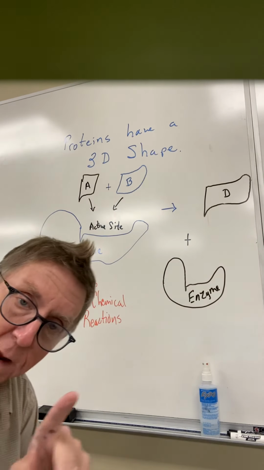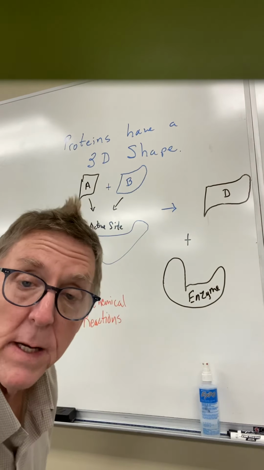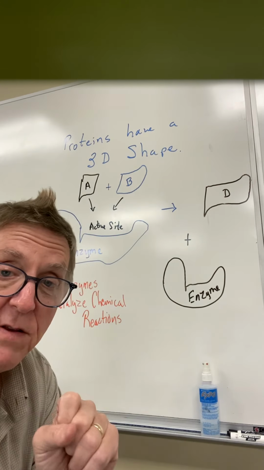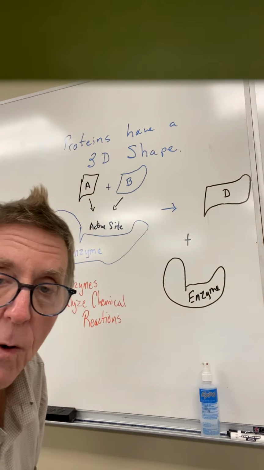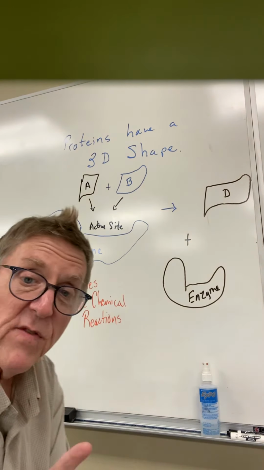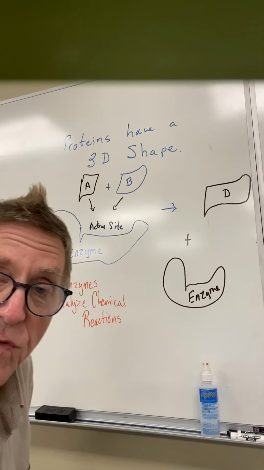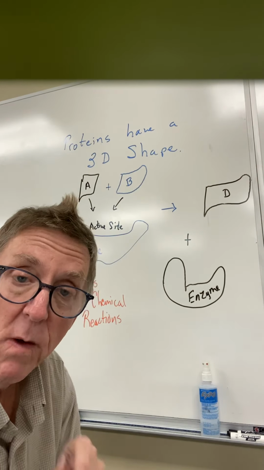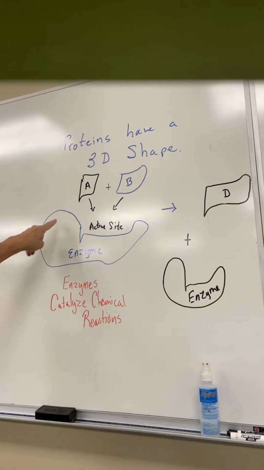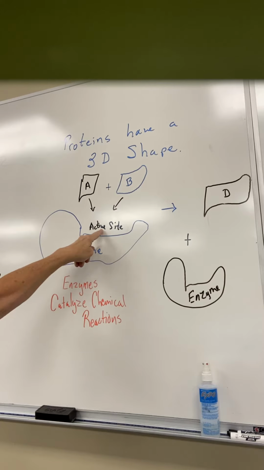Here, I've got it on the board, and I'm going to walk you through it. We have A and B. Think of old Doc Sullivan with the bubbling thing full of A and B, trying to produce D, where A and B have combined together, covalently bonded. With him, he just adds heat, and they bounce around and, pop, they produce D. You and I can't do that, and I don't want them doing that. Instead, we use a protein with a three-dimensional shape, and on it we have what we call an active site.